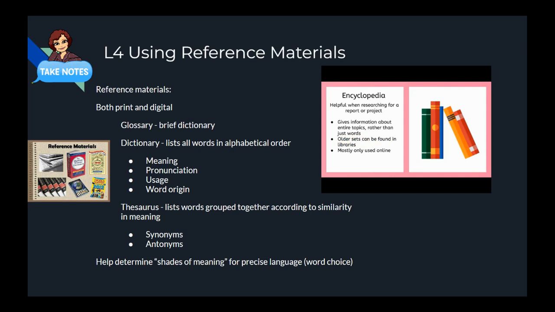Why do you think that is? Well, they're online now. A set of encyclopedias takes up so much space and is very expensive. Most people didn't have them at home and could only use them at a library. And you know what? People are learning new things every day.